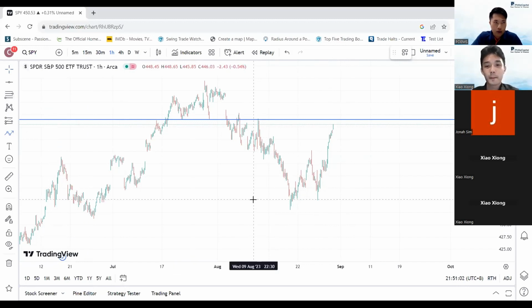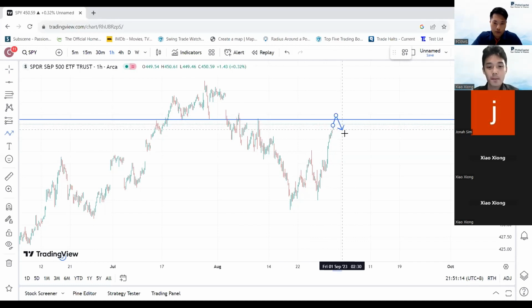Something that is good practice is to anticipate how you want price to move. For myself, if price continues to hover, starts to do a rejection and goes down, the first rejection I probably still wouldn't make any decision yet.